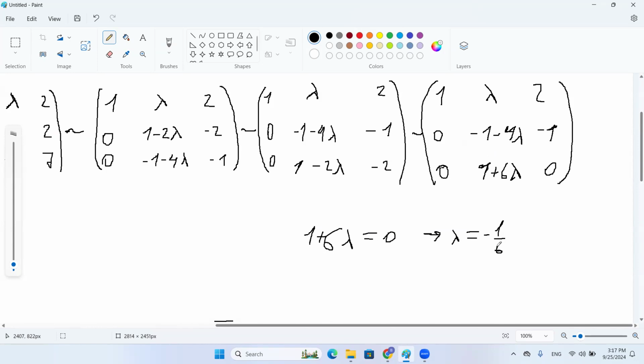But why 1 plus 6 lambda? Because -1 multiplied by -2 is 3, yes? And we add, sorry, a little bit confused. So 3 plus 6 lambda, and it means that lambda is equal to minus 1 second.